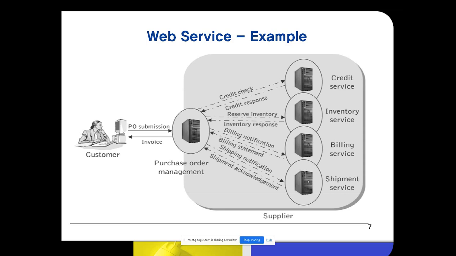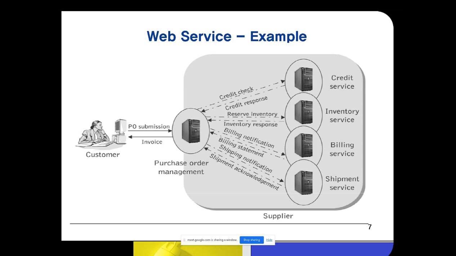I want to purchase something, so I make a purchase order submission. After I send the submission, that server will get different services from other web services. It has to check the credit service, see the inventory web service, go for the billing service, the shipping service, and so on. All these are different web services.